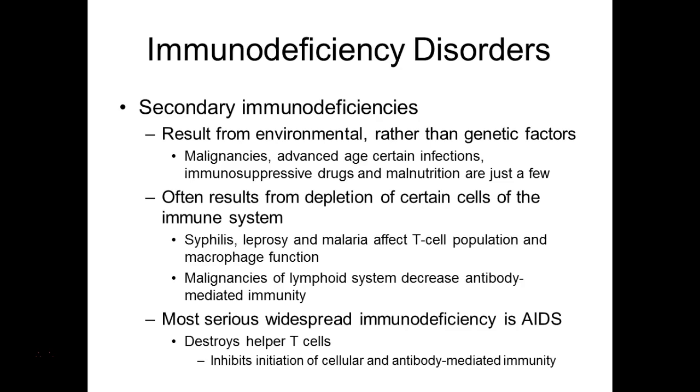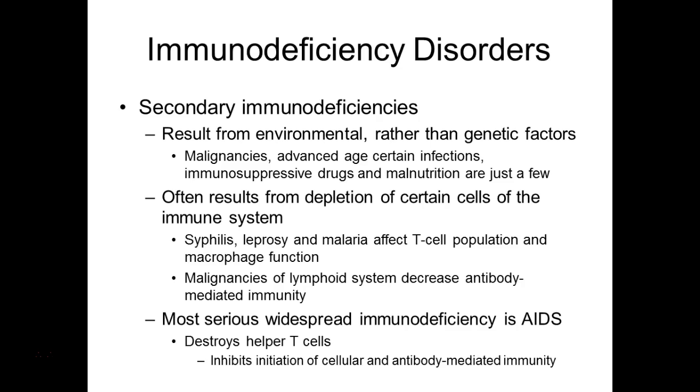And actually what AIDS stands for is Acquired Immunodeficiency Syndrome. At one time, they didn't quite understand why these people had these symptoms. Why are their immune systems deficient? They weren't born this way, so it's acquired, it's secondary.